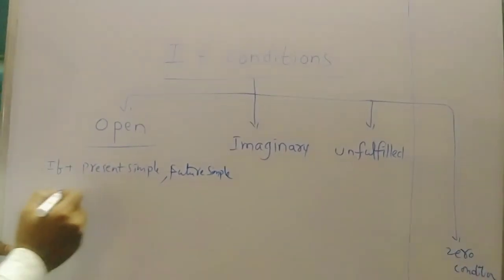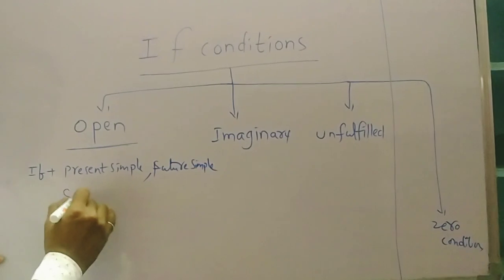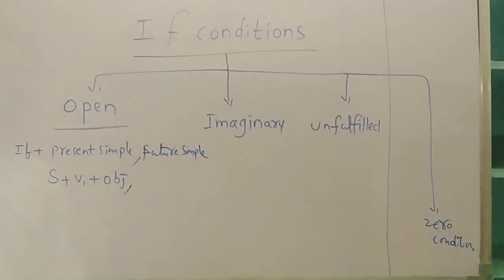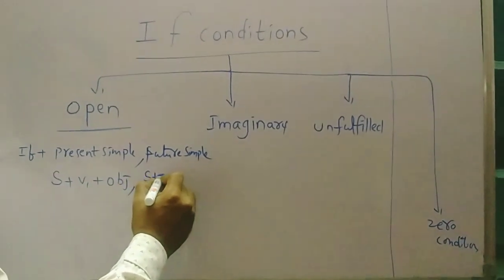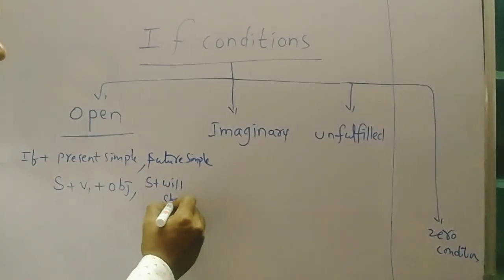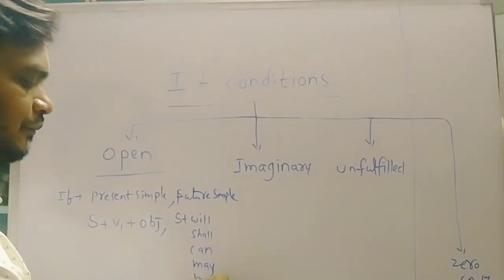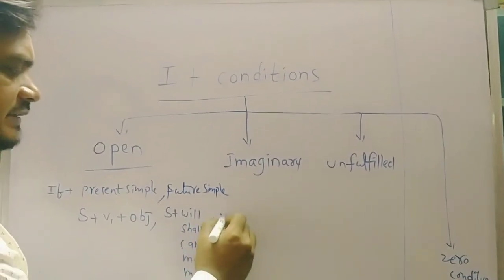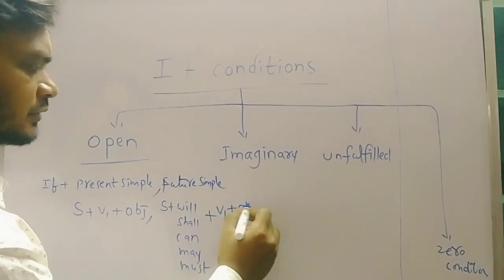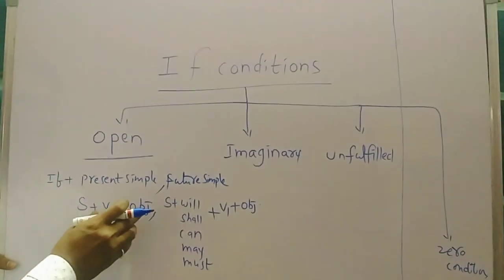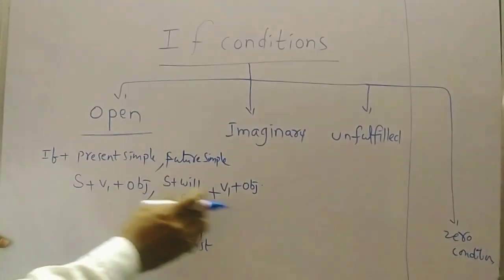We know that present simple structure is subject plus V1 plus object, whereas future simple structure is subject plus will, shall, can, may, must plus V1 plus object. So, present simple, future simple.